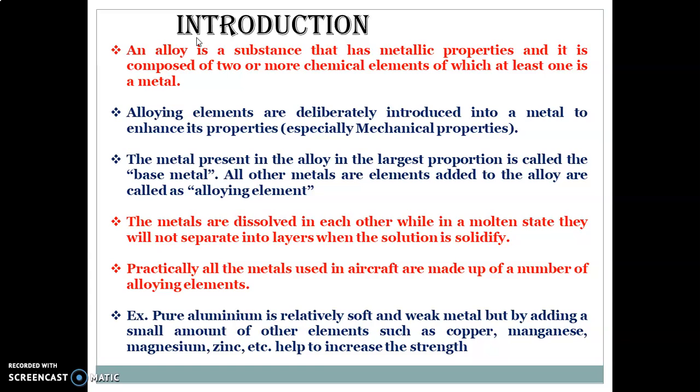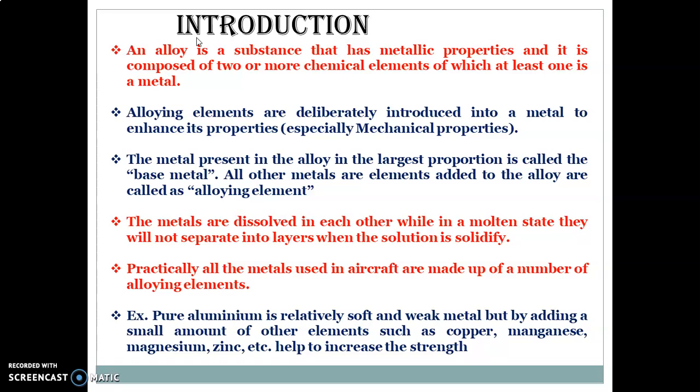The metal present in the alloy in the largest proportion is called the base metal. Suppose in the case of ferrous alloys we are adding carbon, 0.25% or up to 4.5% at maximum, but ferrous is in the largest proportion. So ferrous is considered the base metal in this case.